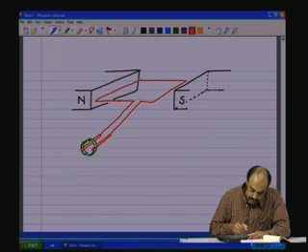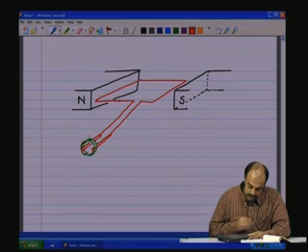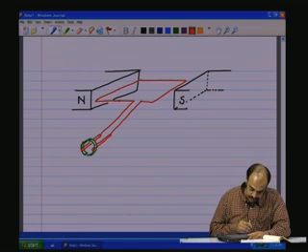There is a vertical split in the ring such that this portion of the ring does not make contact with this portion of the ring.